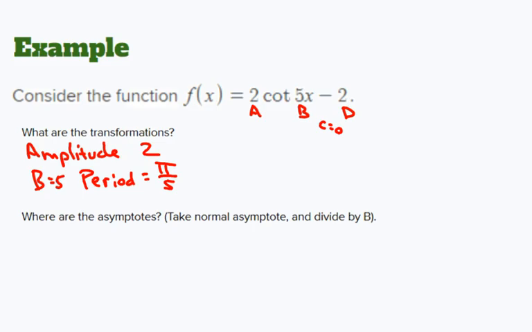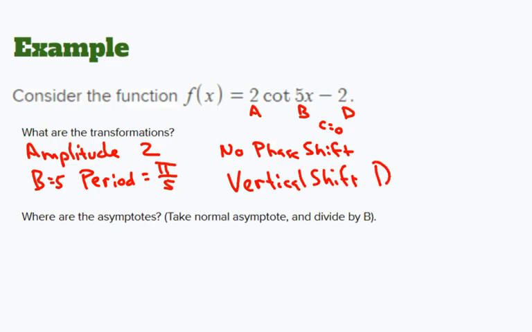Don't forget, it's really tempting to make that 2 pi over 5, but cotangent and tangent have a period of pi. B, I divide the normal period by B, that's pi over 5. Remember, no phase shift. And the vertical shift is down 2.